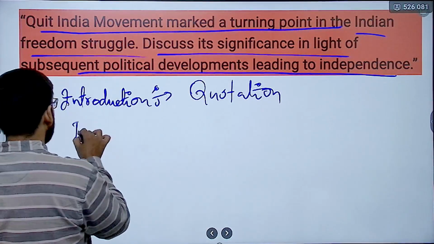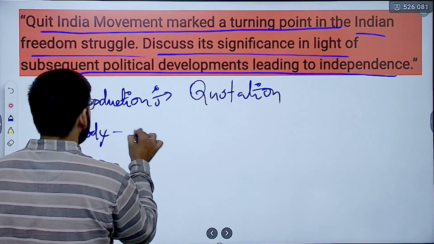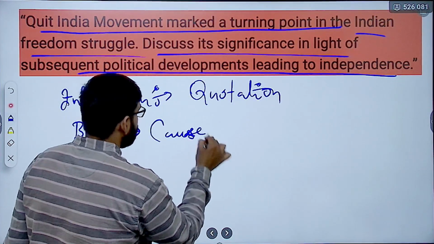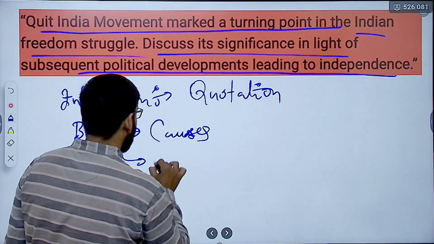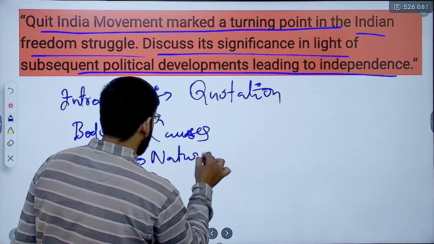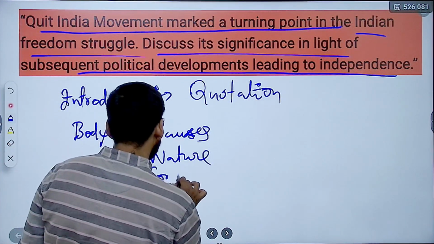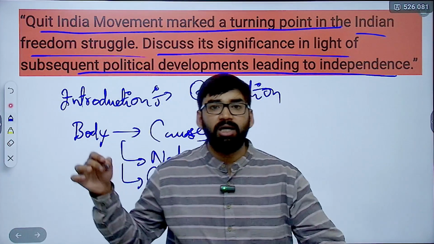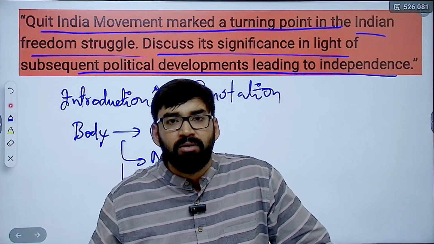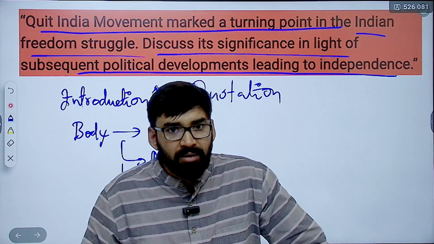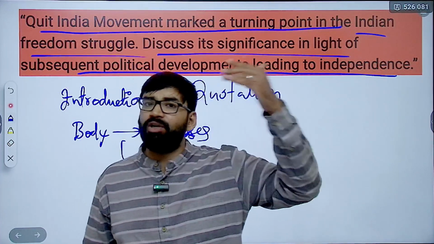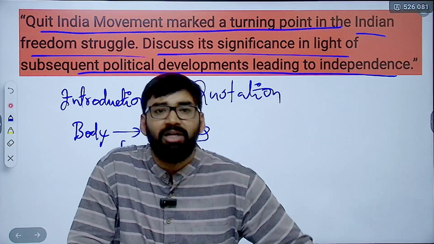Then in the body of this answer, what are you going to mention? Causes, only in bullet points. Then nature, and then consequences. Causes, nature and consequences or impact of Quit India. Then you can also link it to INA, the 1946 election, Cabinet Mission, and communal tensions.